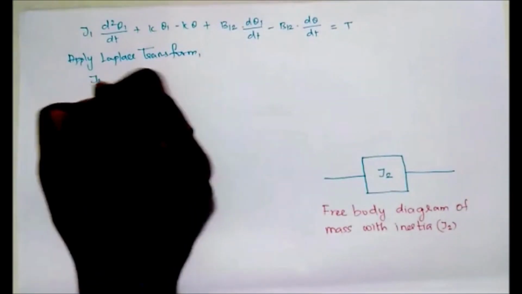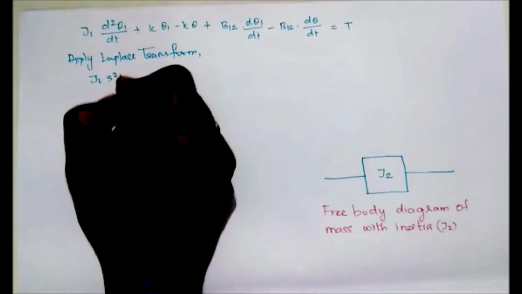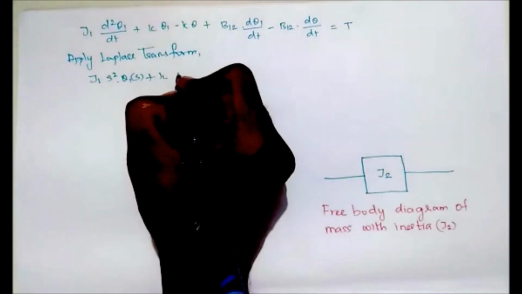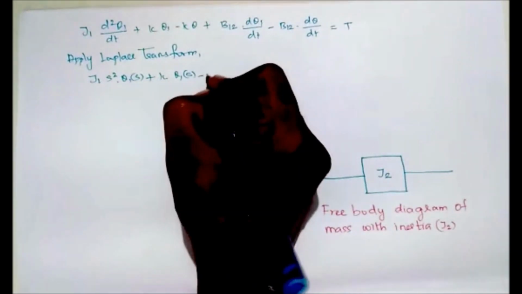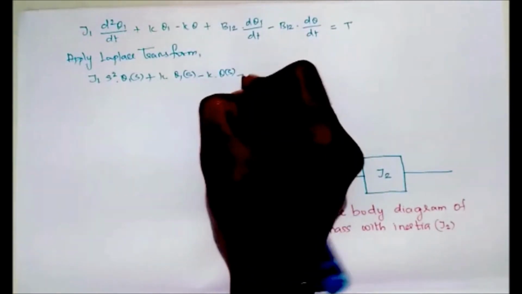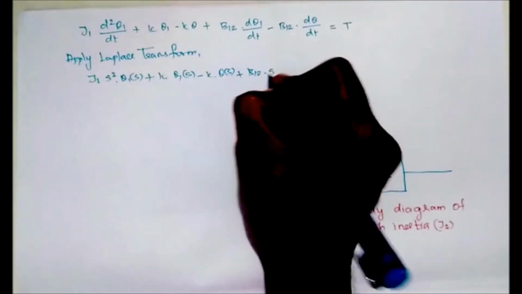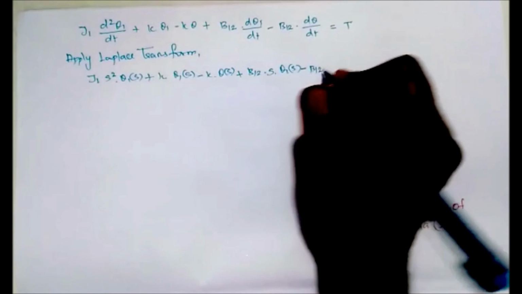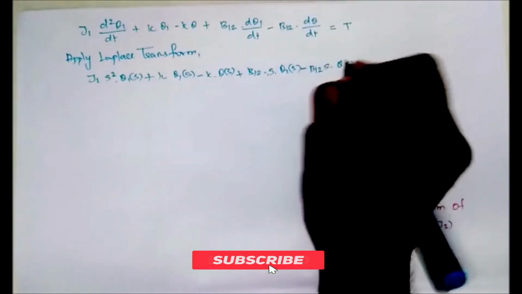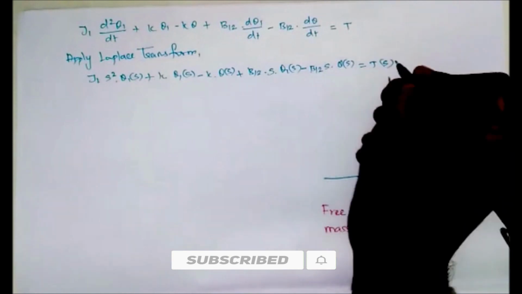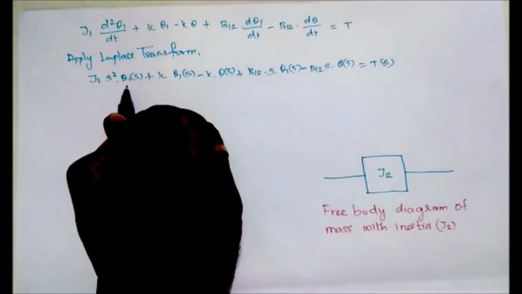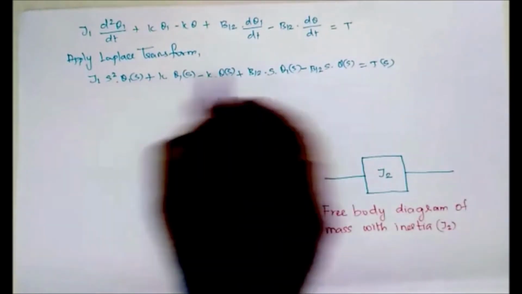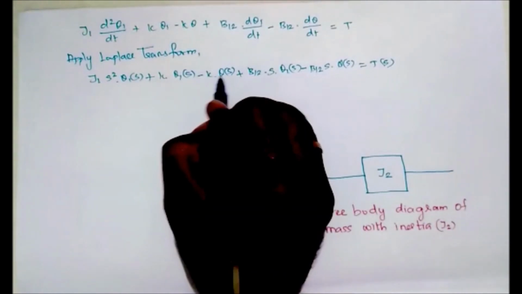So we know J1 for the derivative square is s square into theta 1 of s, plus k into theta 1 of s minus k into theta of s, plus b12 for the derivative s, then theta 1 of s, minus b12 for the derivative s, theta of s, equal to T of s. Now we have both the theta 1 of s term and the theta of s term in this equation, so we can separate theta 1 of s and theta of s.